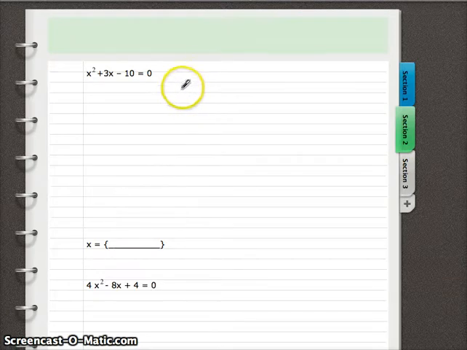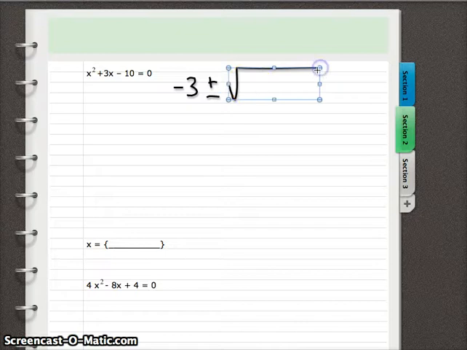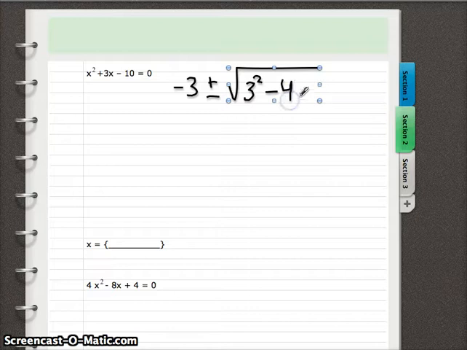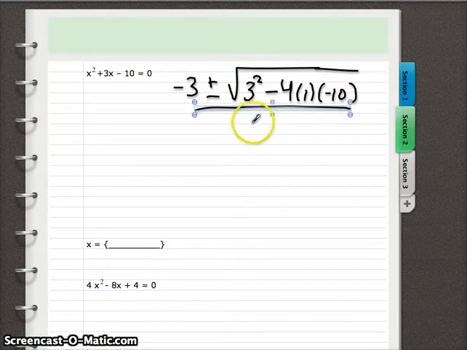So the opposite of b, which is the opposite of positive 3, that's negative 3, plus and minus, we'll get to that in a sec here. The square root of b squared, so positive 3 squared, minus 4 times a, which is 1, times c, which is negative 10. I'm going to be dividing all of that after I simplify it by 2 times a, which is 1.